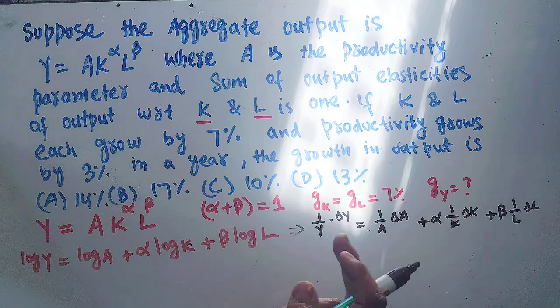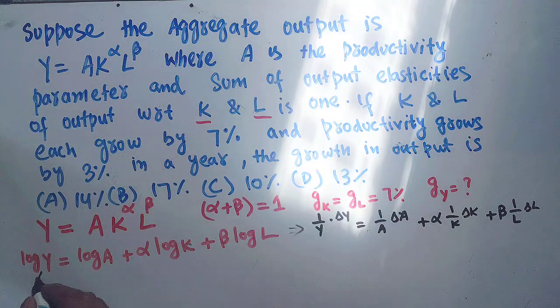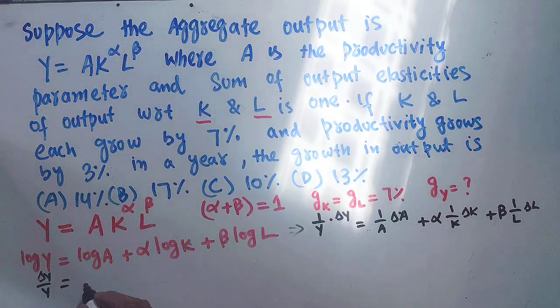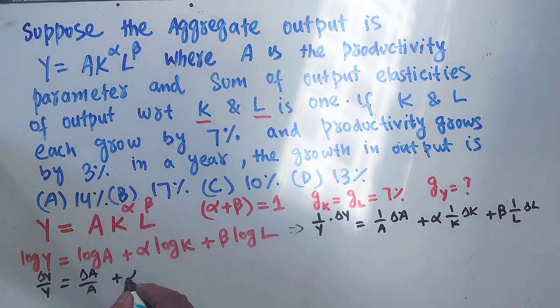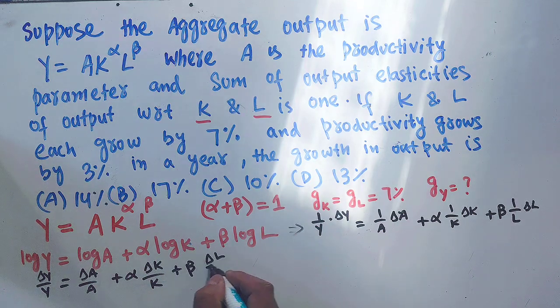Making things simpler, we will get del y upon y equal to del a upon a plus alpha times del k upon k plus beta times del L upon L. Now what is del y upon y? Del y shows the change in the output and y denotes the initial output.